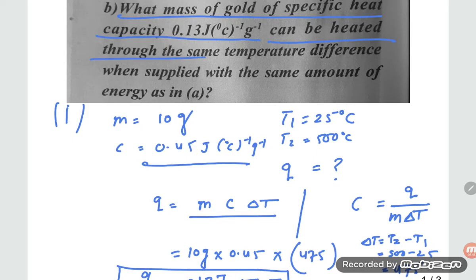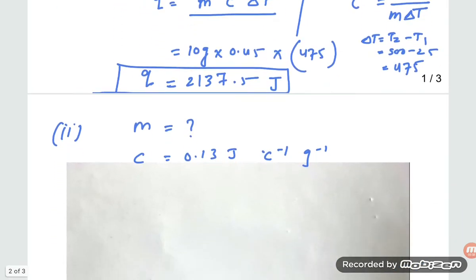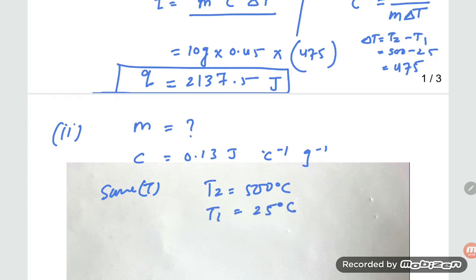The mass of gold that can be heated through the same temperature difference when supplied with the same amount of energy. So mass they are asking. The same temperature they have mentioned, the same temperature as the previous question: T2 is 500 degrees Celsius and T1 is 25 degrees Celsius.